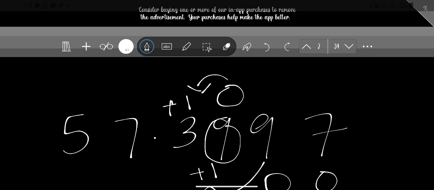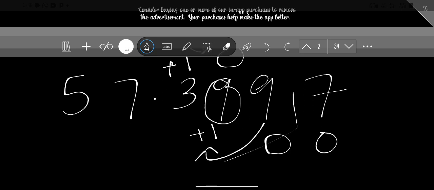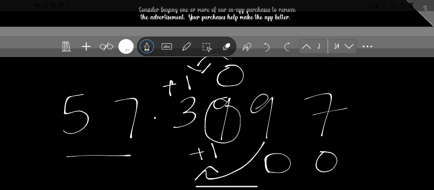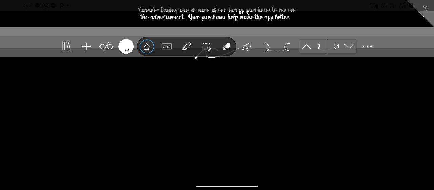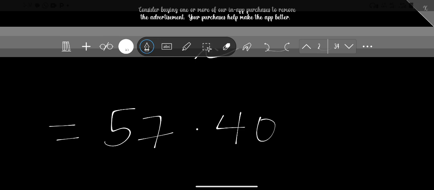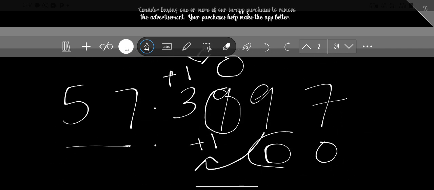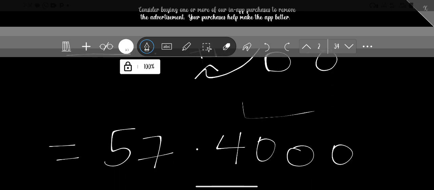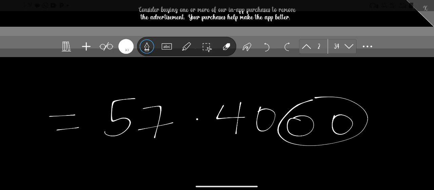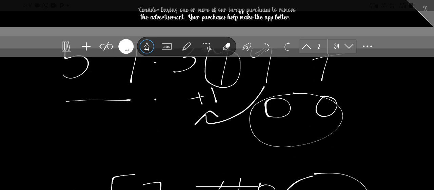So this 3 will take the plus 1. At the end of it all, we have 57.40. Then we have the zeros for the other digits, those are the digits that turn to 0. That means this 0 that we have here, we have to put that, and so that's how we have these two zeros here.